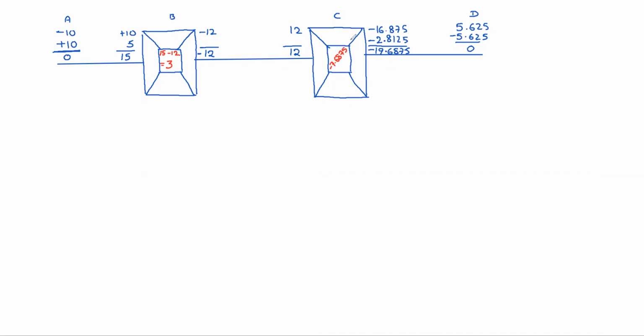Okay, that is the summation of sigma MFAB, or summation of fixed moments. Here also simply I will put 3. Summation. So next, rotation contributions. BA rotation contribution is minus 3 by 14.